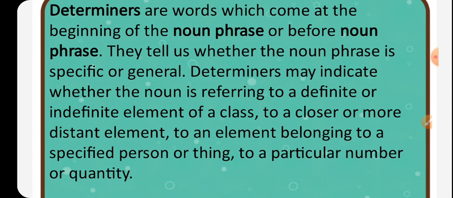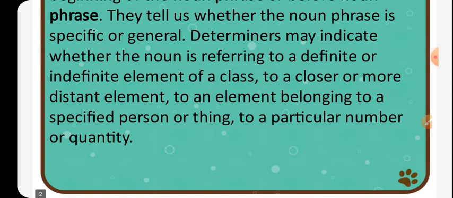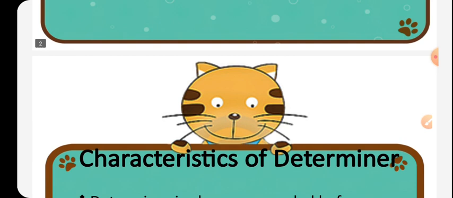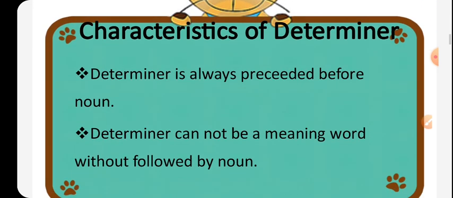So quickly, let's go back and understand what determiners are. Determiners are words which come at the beginning of the noun phrase or before the noun phrase. They tell us whether the noun phrase is specific or general. Let's see the categories, then we will get to know more.